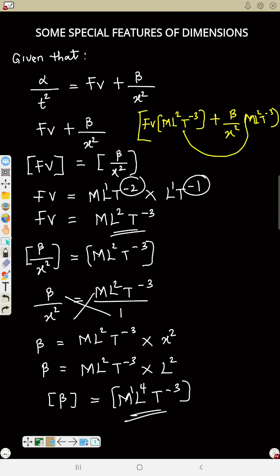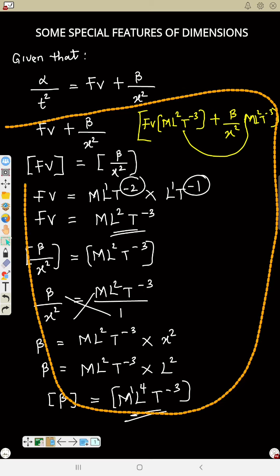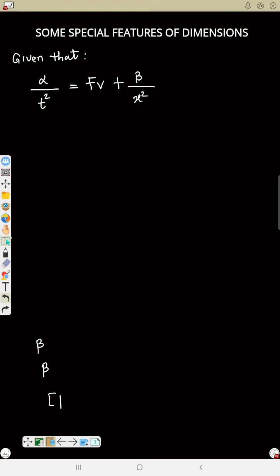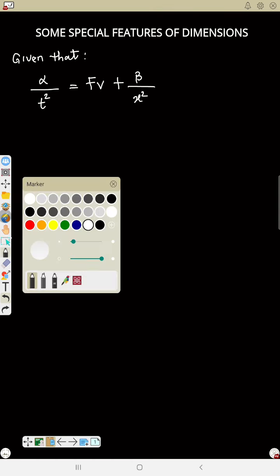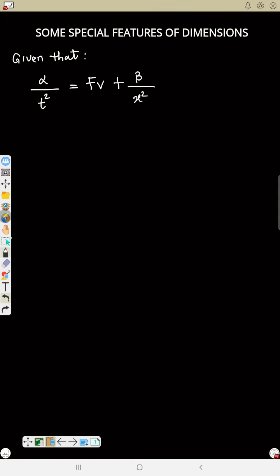So let's find alpha. To find alpha, now if I say 2 centimeter plus 3 centimeter, my result must also be in centimeter.